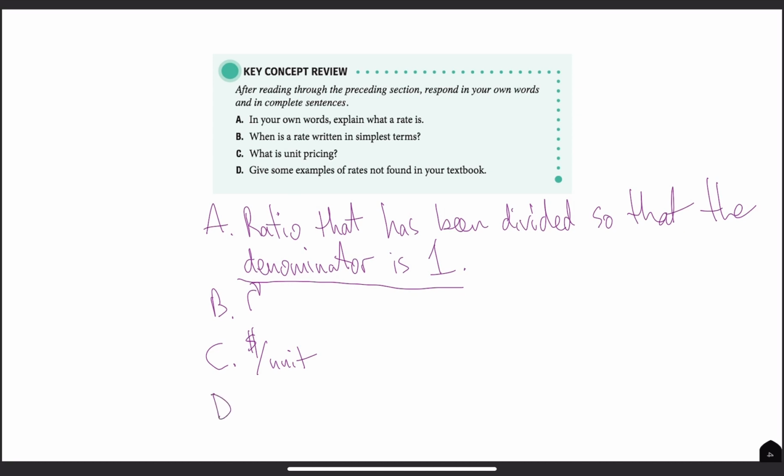And then D, give some examples of rates not found in your book. Well, of course, there's the miles per hour, which is really miles per hour, right? When it's written out long form.